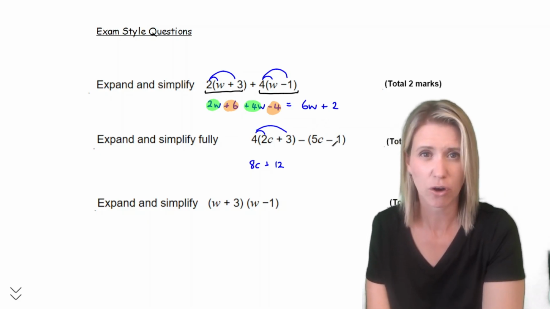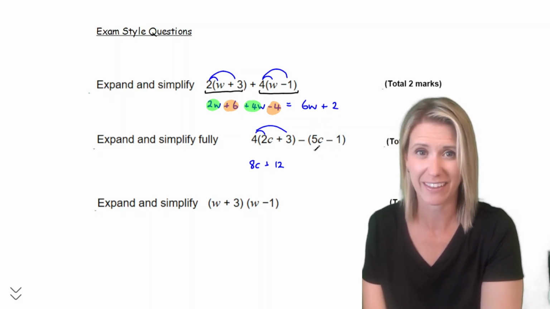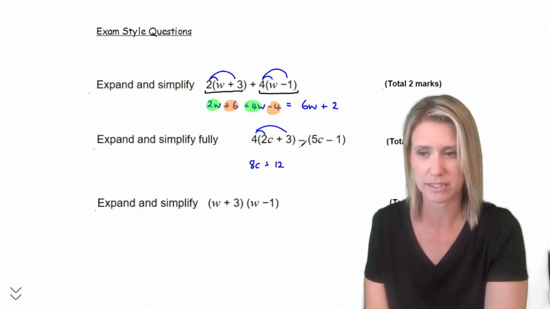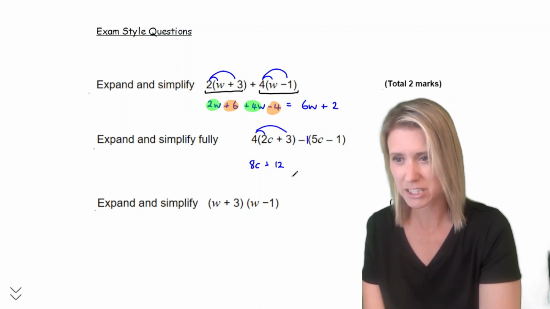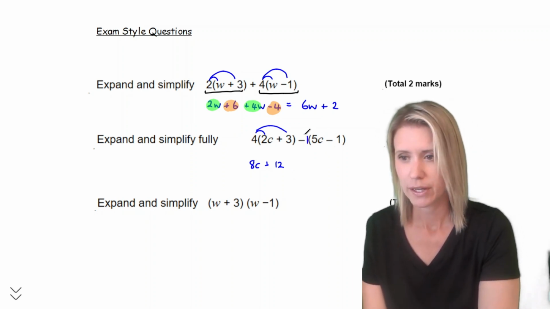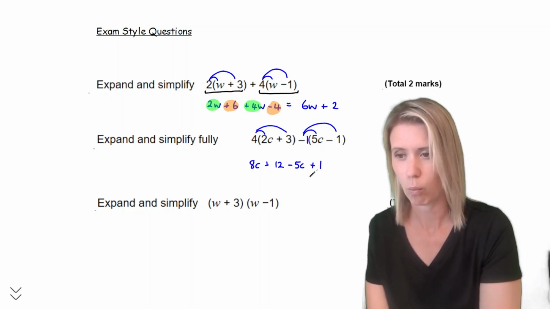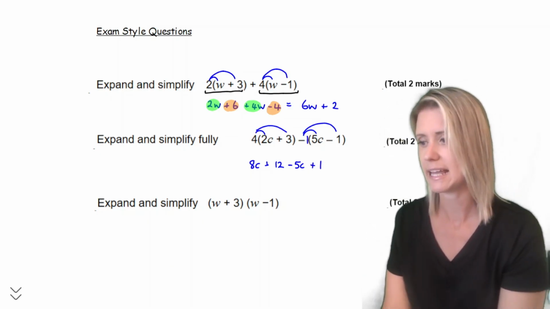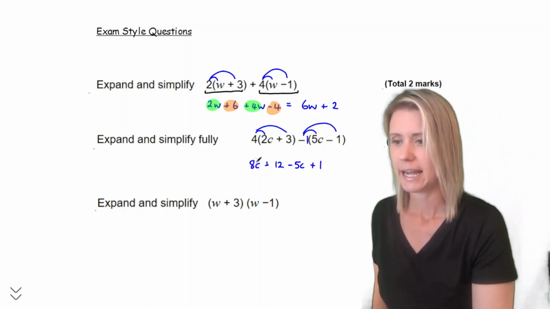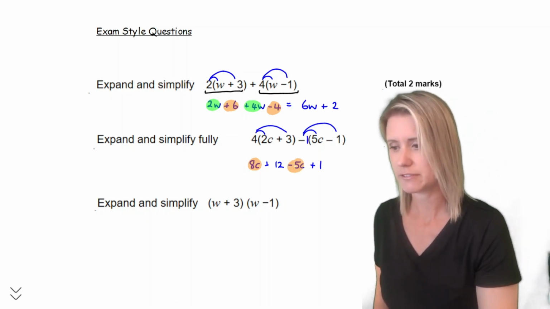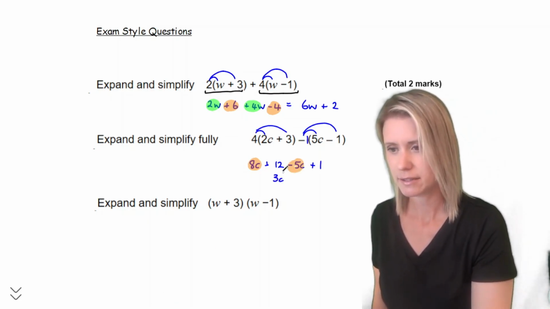That's such a common error here that students forget that that's a negative and a negative to make the positive. So be careful. You can imagine that as -1. -1 times 5c is -5c. -1 multiplying -1 is +1. Okay, so be really careful there. 8c minus your 5c is 3c. 12 add 1 is 13.